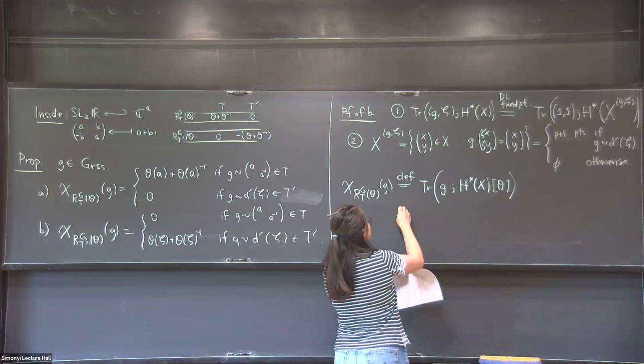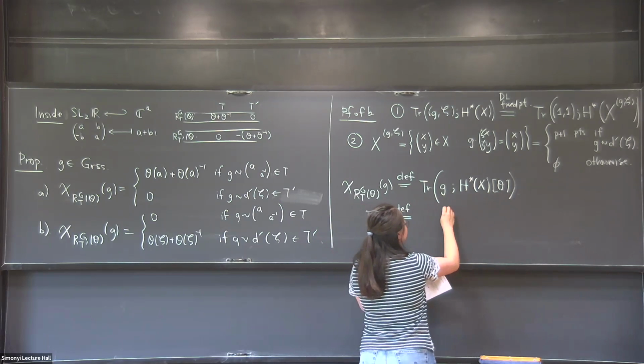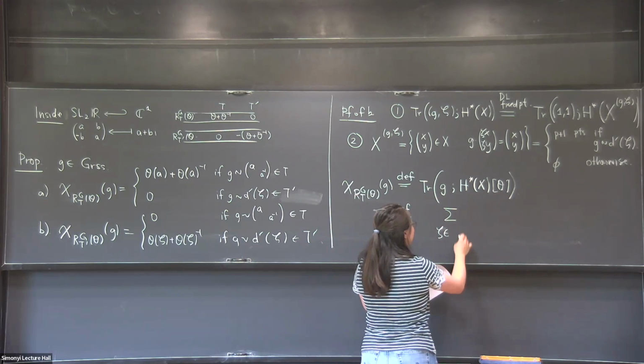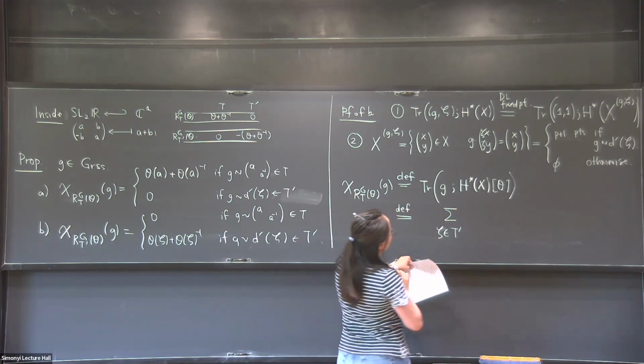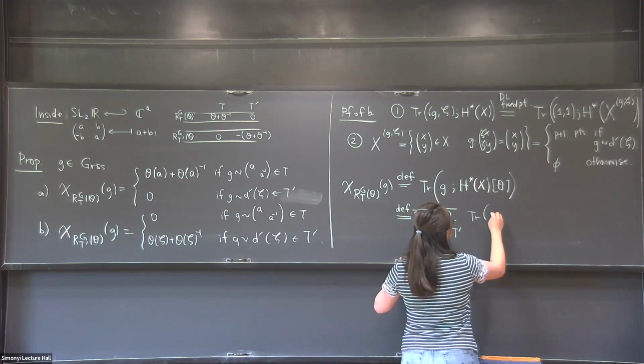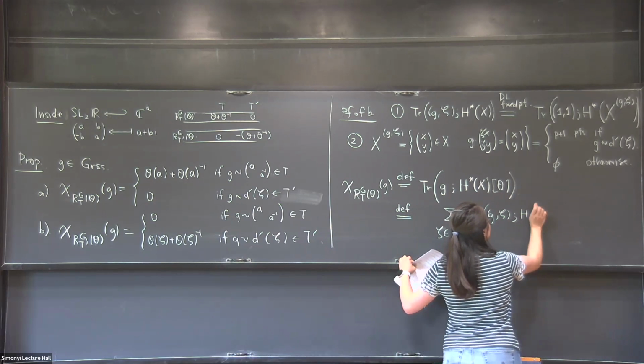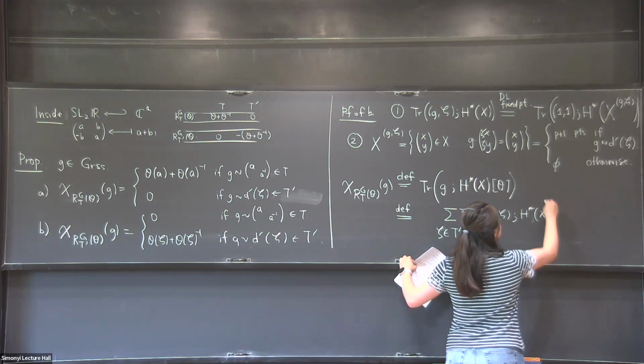So by definition, this thing is the same as taking an average over all zeta inside T prime of the trace of (g, zeta) acting on the cohomology of this, okay?